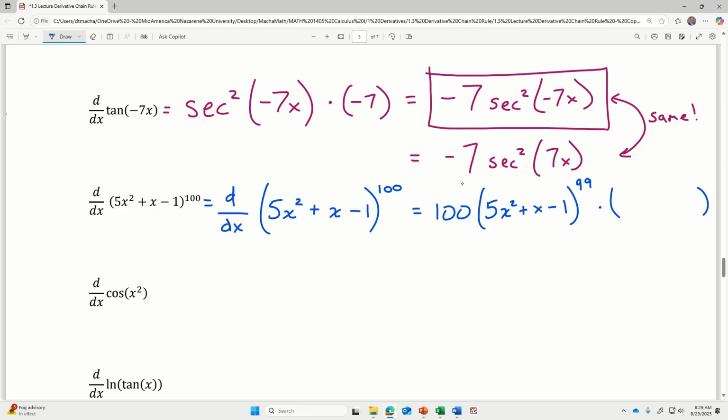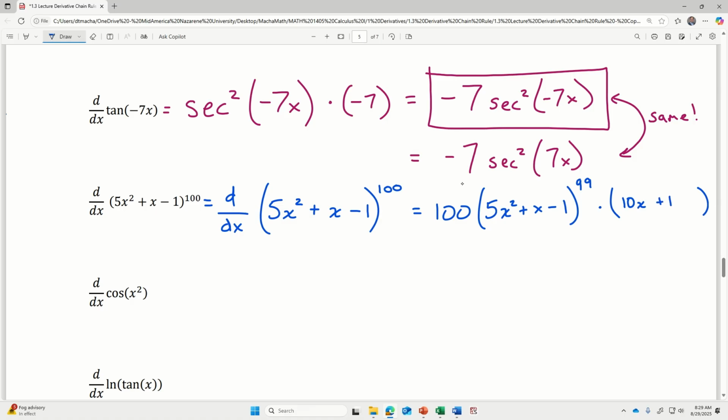What's the derivative of that? Could be 10x. 10x, right? Because we bring down the 2. 5 times 2 is 10. And so it's going to be 10x plus 1.